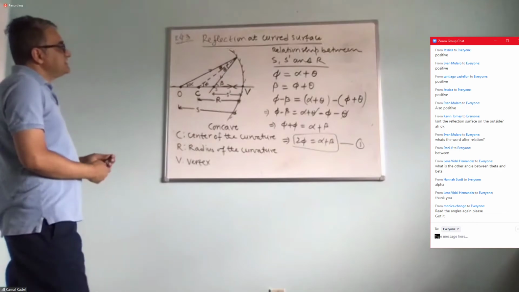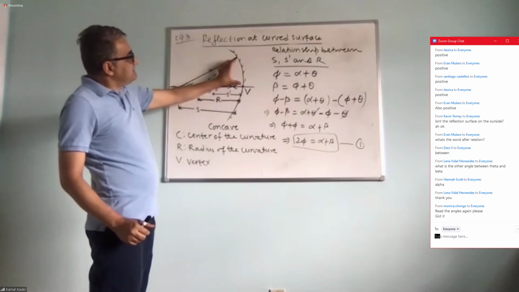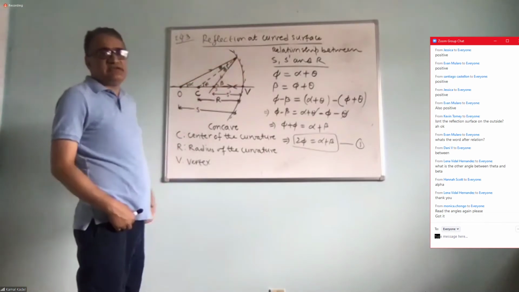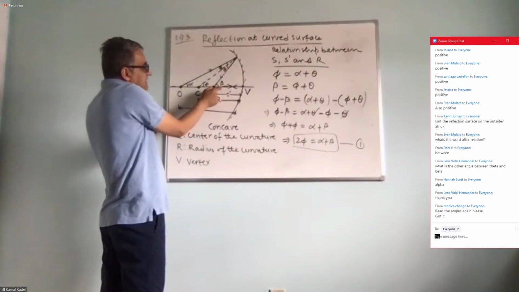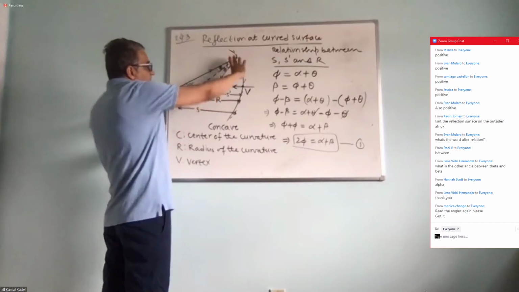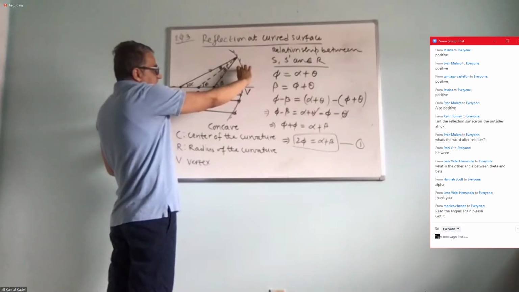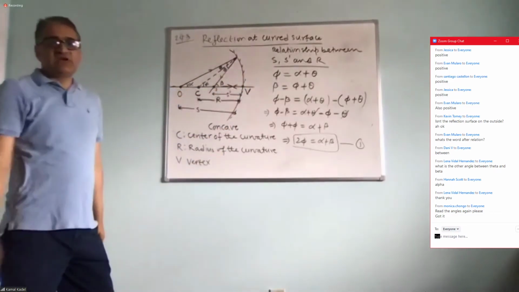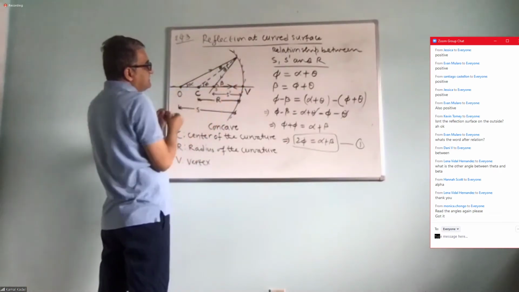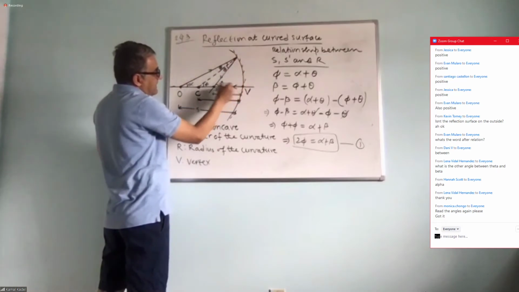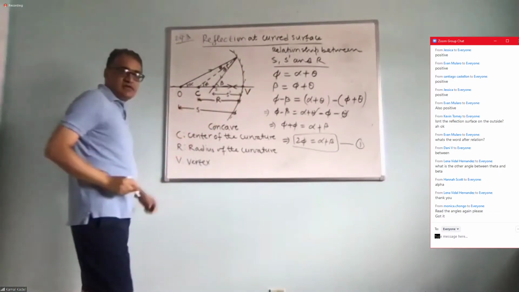So now what we do here is that if we take these angles to be very, very small, then this part can be taken as a straight line. If I take all these angles, beta, phi, and alpha, to be very, very small, then this will be very, very small too, right? Then we can take it as a straight line. So we can take this as a right angle triangle, this as a right angle triangle, and this as a right angle triangle, right?